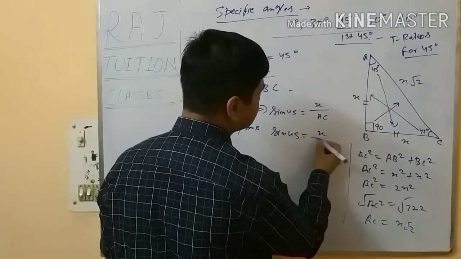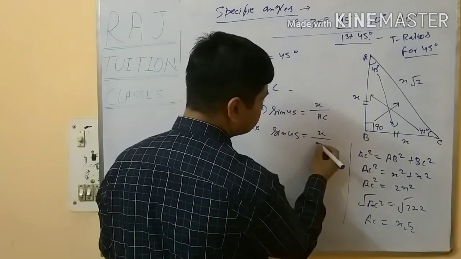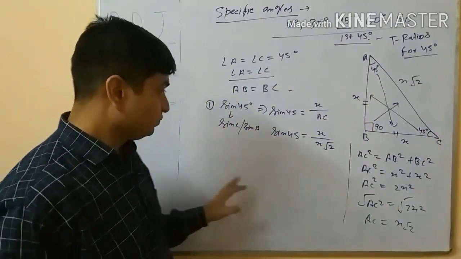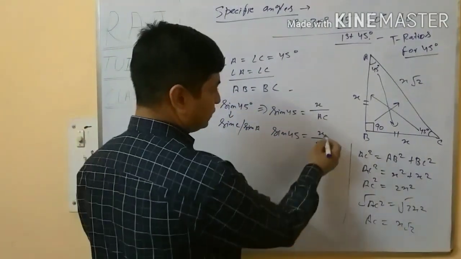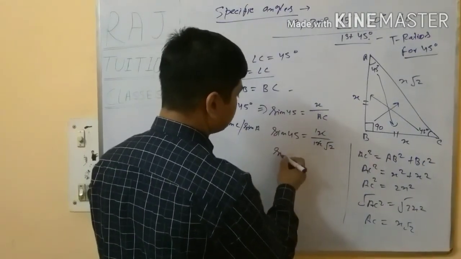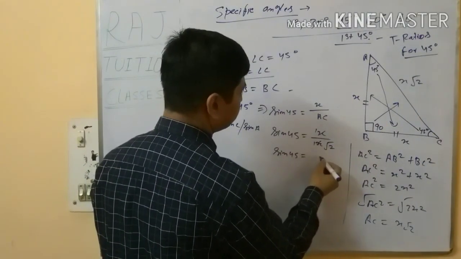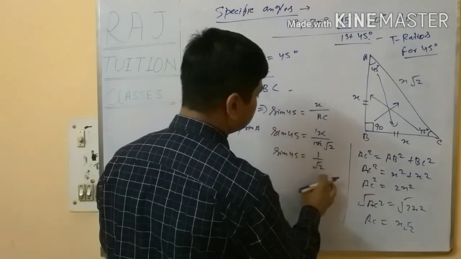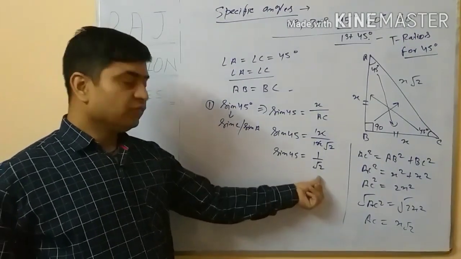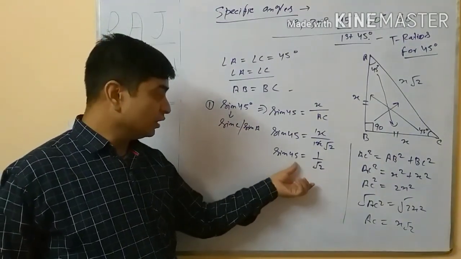It's x divided by AC, and AC is x root 2. So x cancels out with x, and sine 45 becomes 1 upon root 2. This is the value of sine of angle 45.